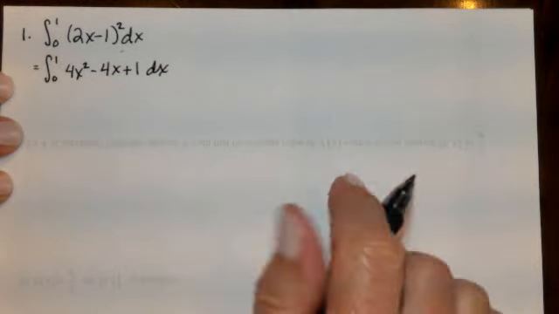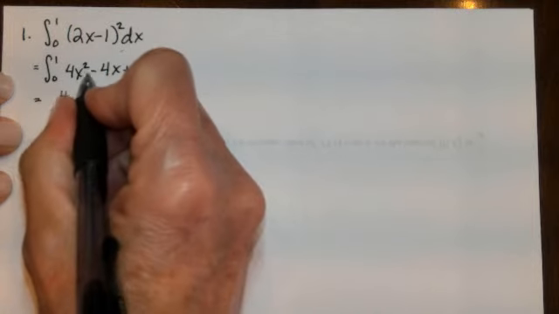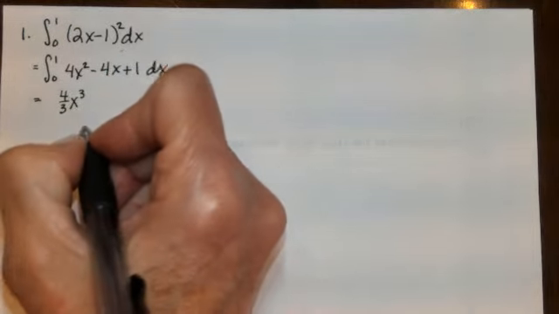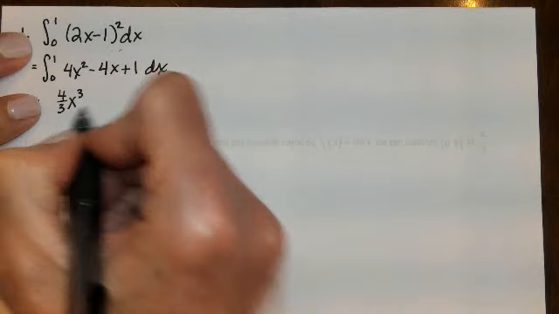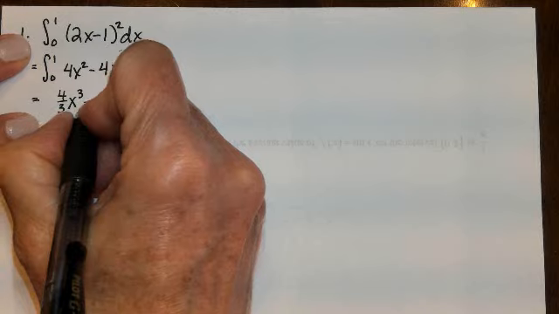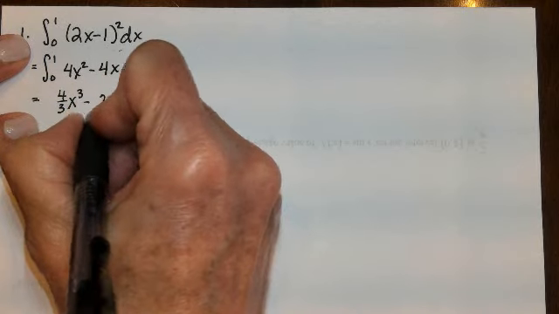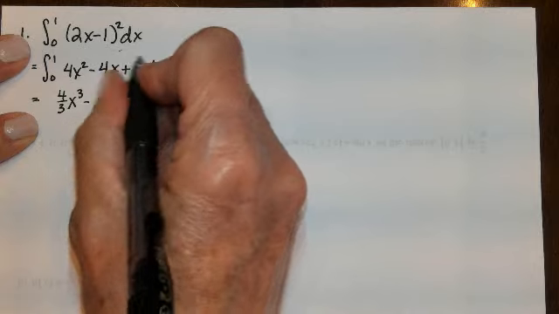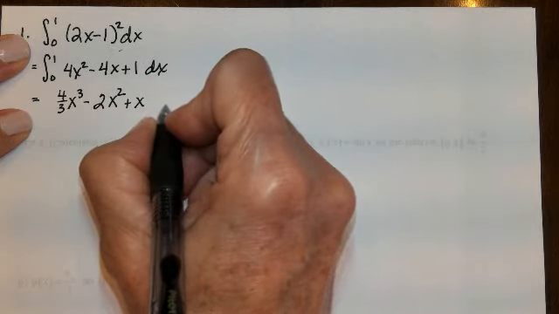Okay, pay attention to my notation here, all right? I'm applying the power rule, so I'm going to get x cubed and then 4 over 3, right? Raise the power by 1 and then divide the coefficient by the new power, right? Minus x squared, and then 4 over 2 is 2. And then the antiderivative of 1 is x. Now usually we would put a plus c.